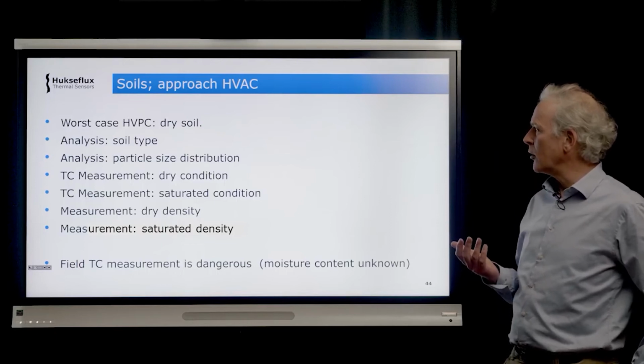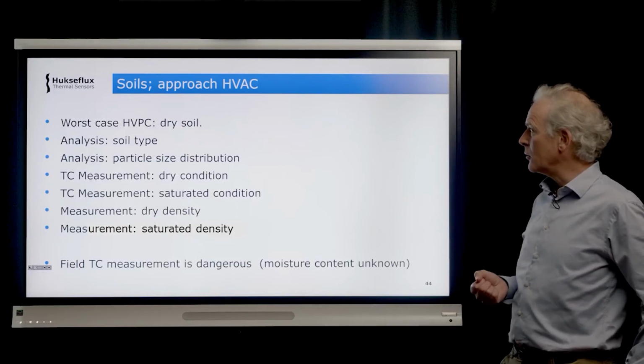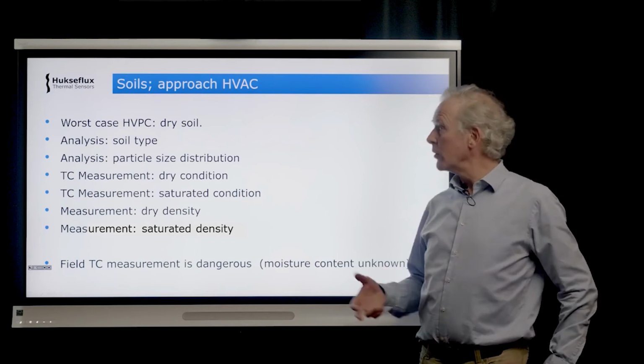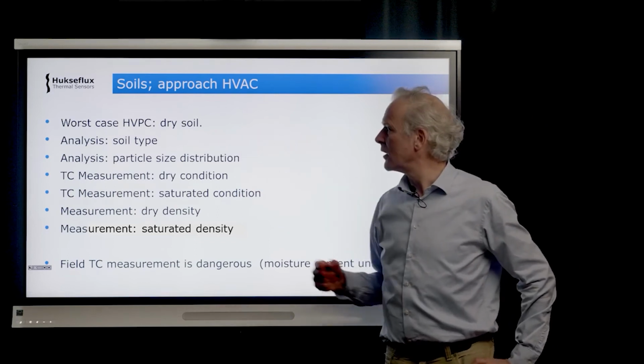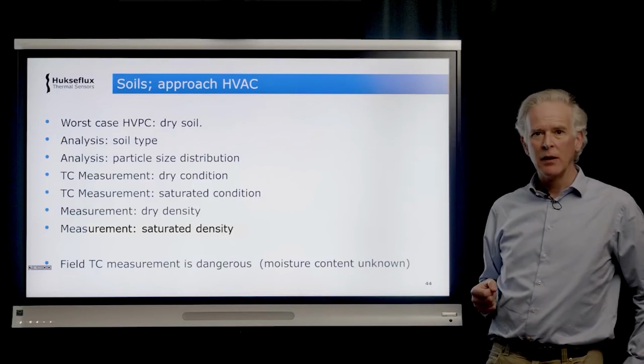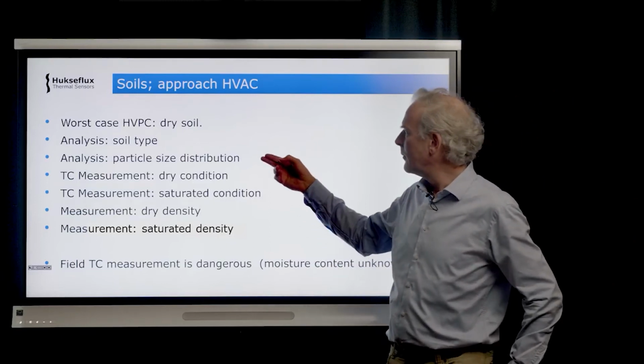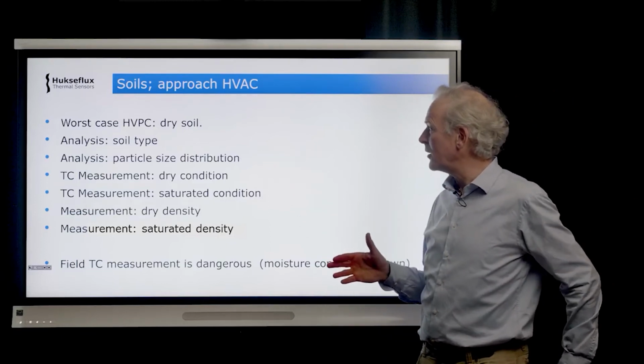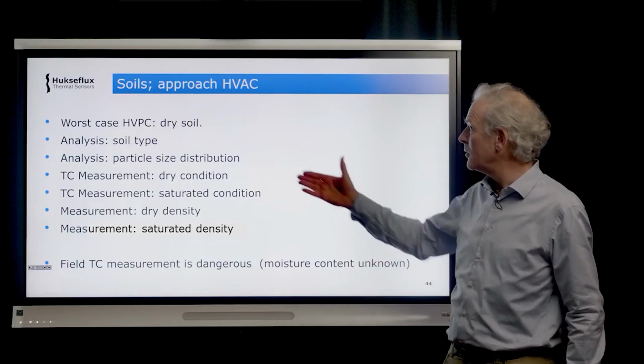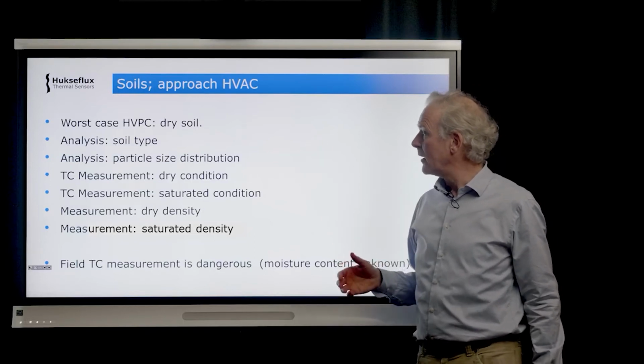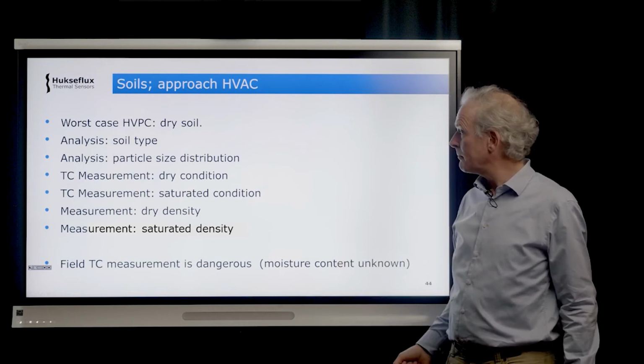So in order to assess the situation for high voltage power cables, what people typically do is first they start analyzing their soil type. So they classify it. And some parties have the possibility to do a particle size distribution measurement. That is also very useful.